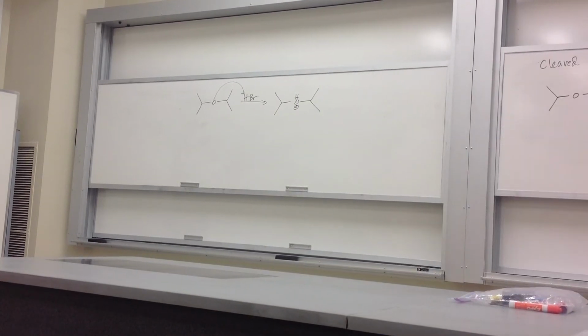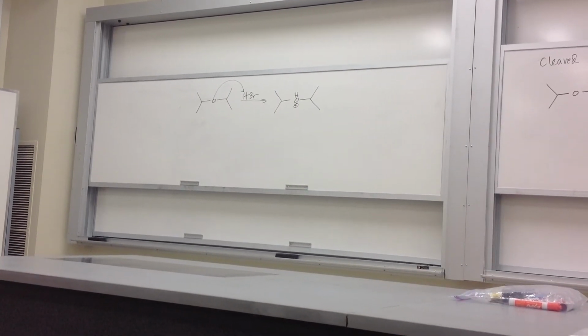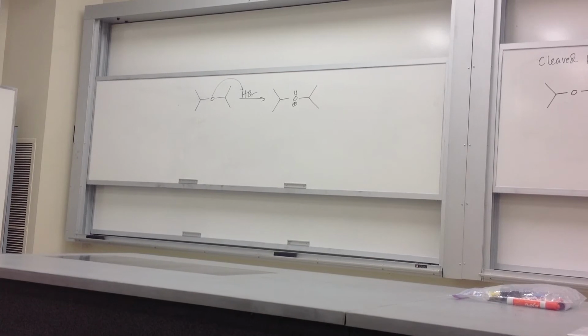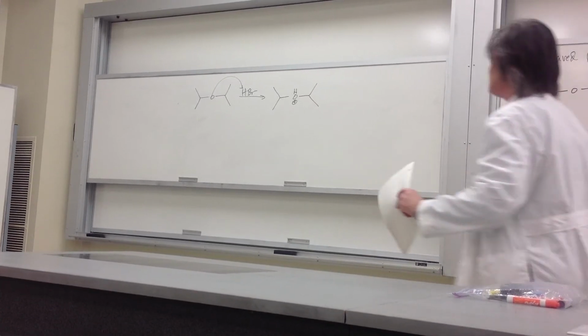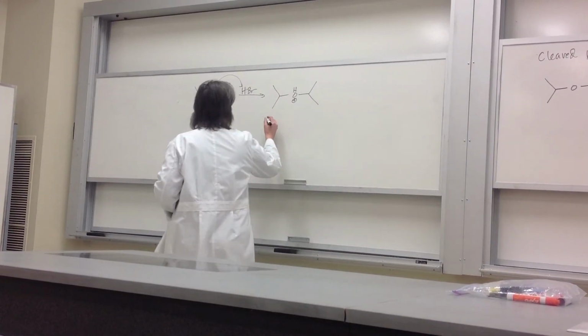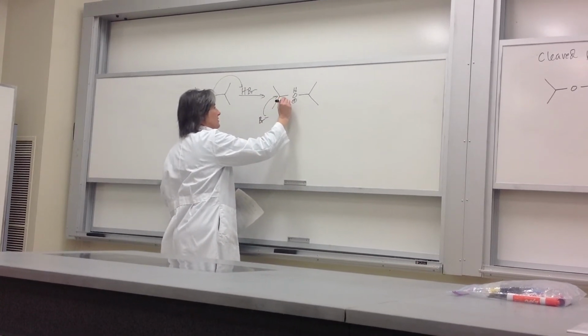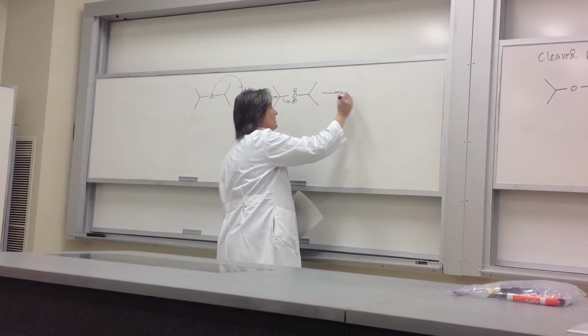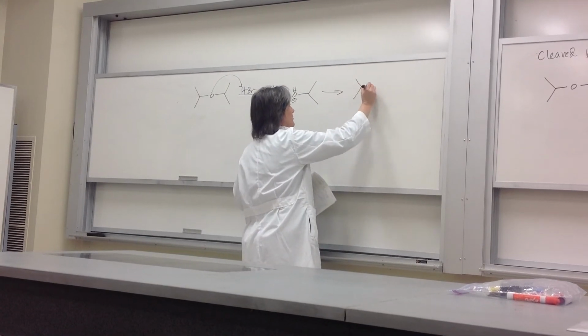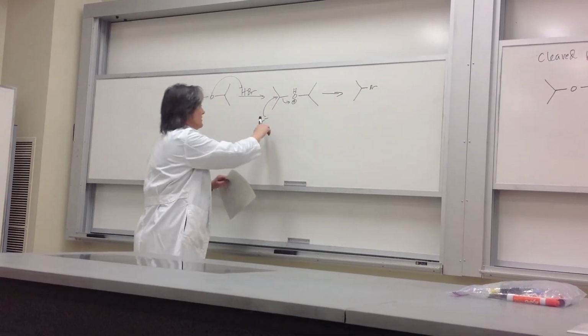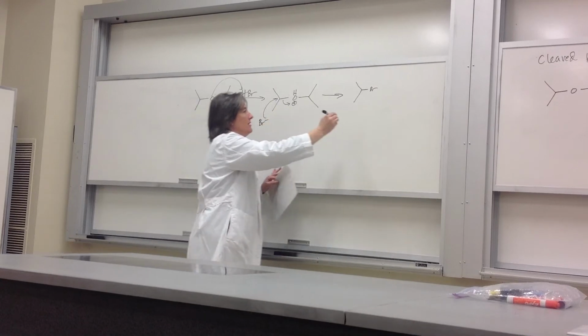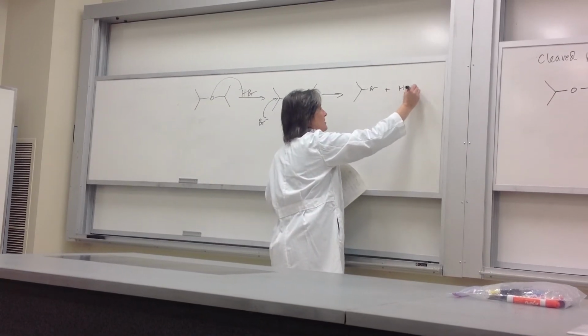What do you think happens next? And bromine comes and attacks. So bromine attacks, picks out the leaving group, and then I have this side as an alkyl bromide, and this side is the alcohol.